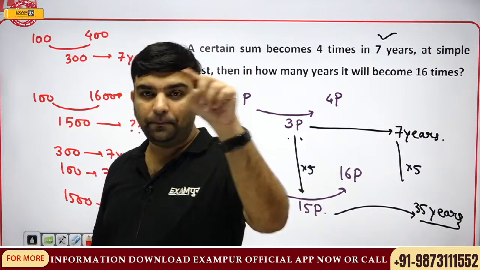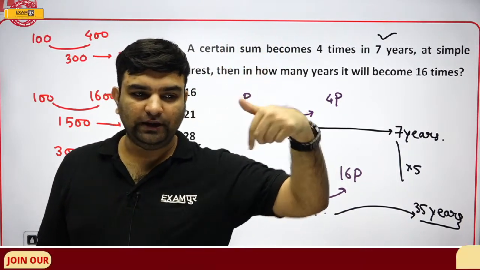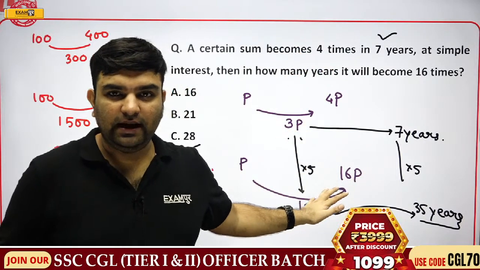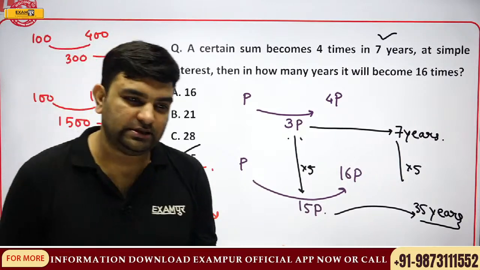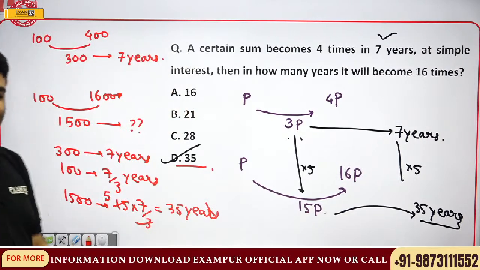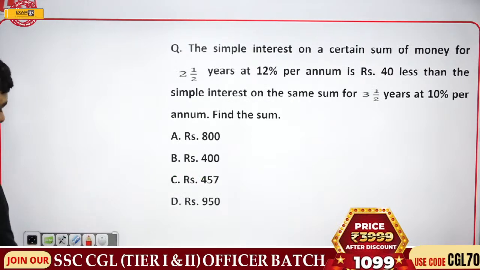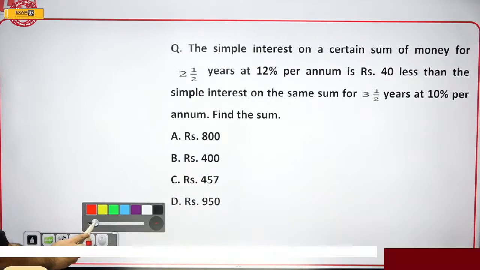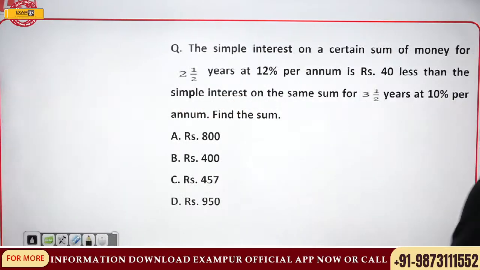In CI, it is the power: 2 power 3, 2 power 4, 3 power 2, 3 power 3. But in SI, it is a simple unitary method. Nothing beyond it. I will take infinite many examples. Just do not worry about it, guys.